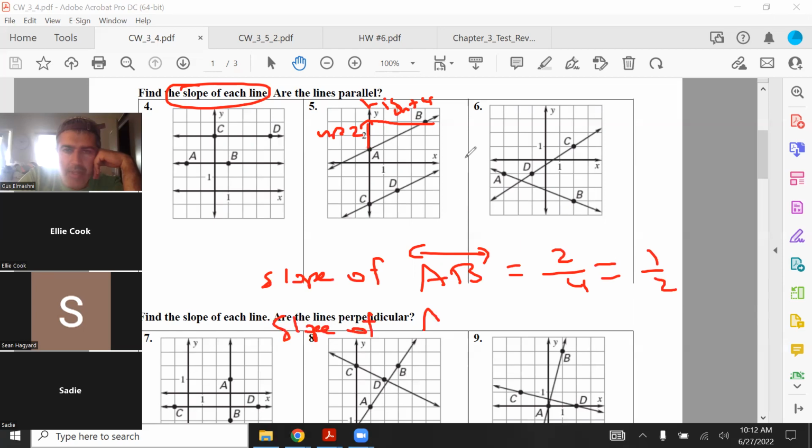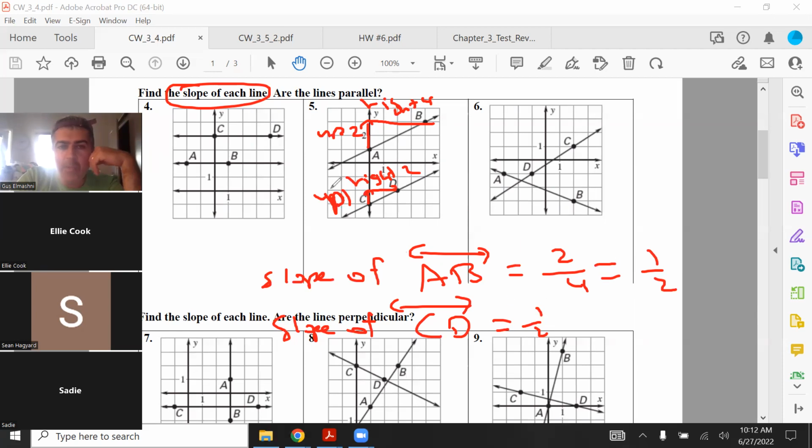The slope of line CD, you go up 1, right 2. Up 1, right 2, still 1/2.